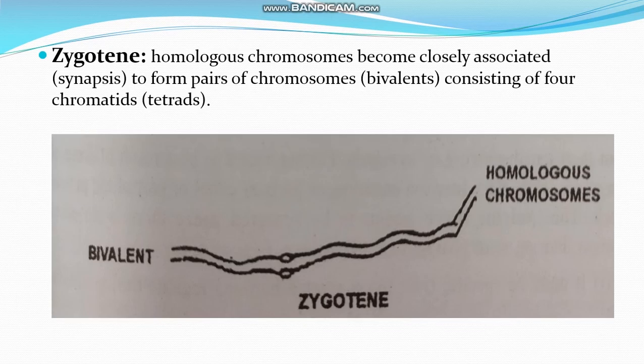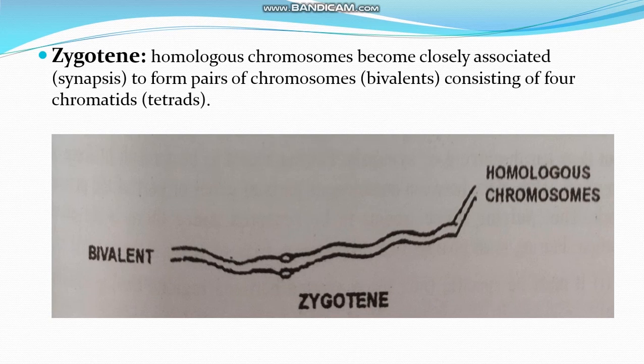Second stage is the zygotene, or the zygonema stage. The zygotene commences with the movement of the chromosomes. It is affected by the force of attraction between the 2 homologues of a chromosome pair. Thus, the chromosomes of a pair approach each other and each chromosome takes a position along the side of its partner to form a bivalent.